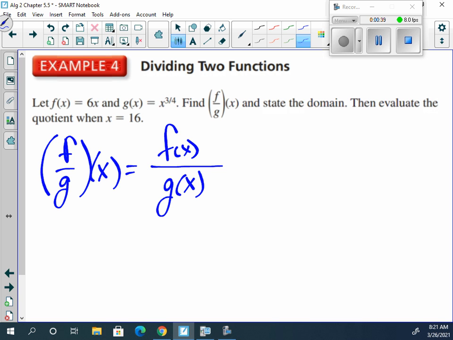Now this is going to go similar to what we did with our multiplication. This is going to be a little bit different because we're dividing, not multiplying. Well, f of x is 6x, so we can replace f of x with 6x. G of x is x to the 3/4. So we can write that in there.